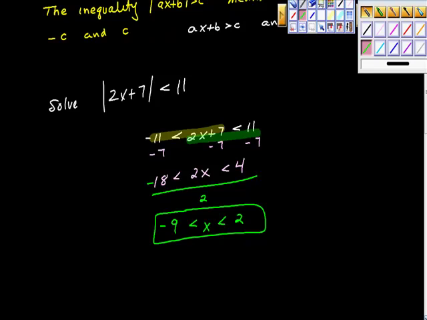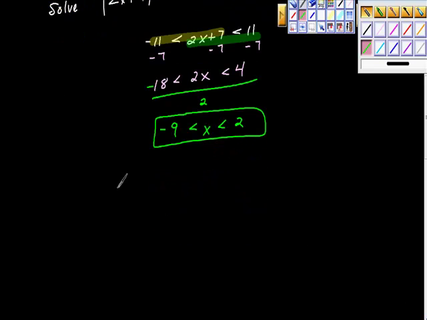All right, for the sake of time, let's try to move on to just one more. So let's try to solve this one, please. So this is our second example. Solve the absolute value of 3x minus 2 is greater than 8.